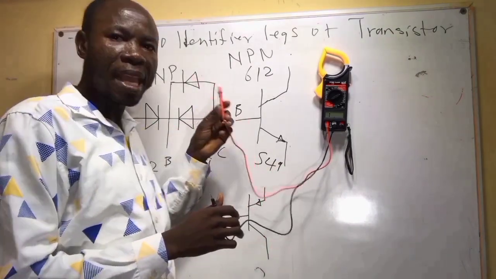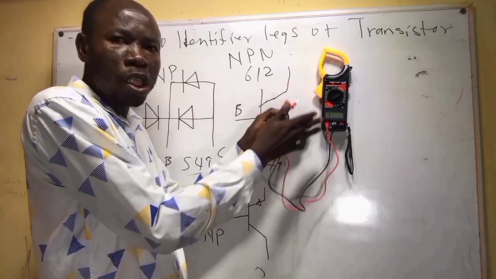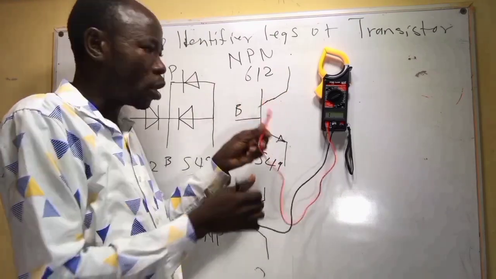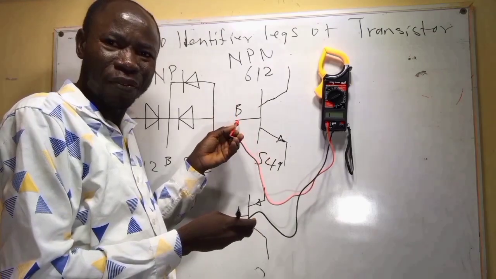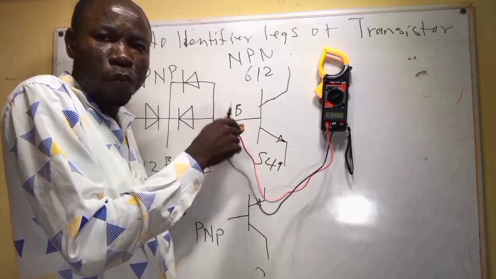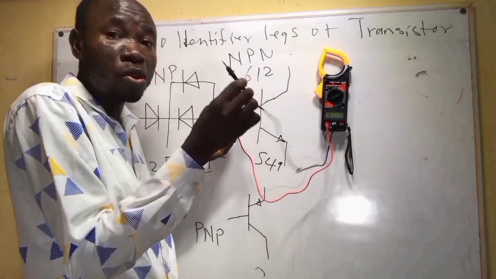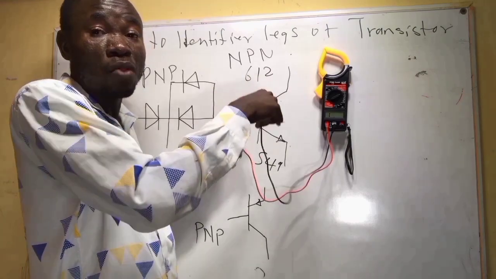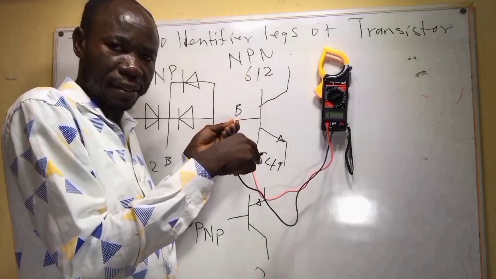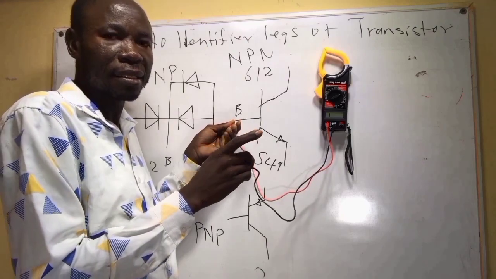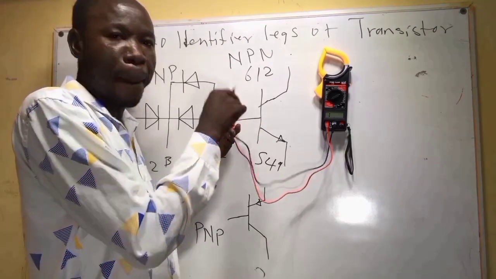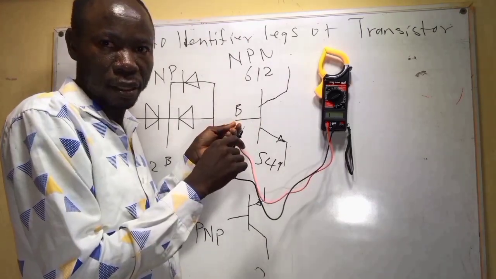So for the NPN transistor, by using a digital meter, you place the positive on one of the leads to make it constant and use the negative to read the remaining two across. If it reads, it means it is what? NPN transistor.